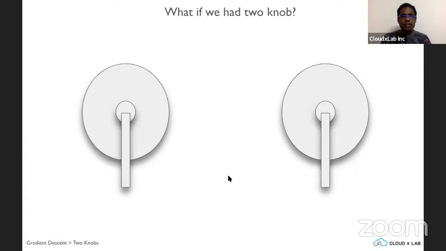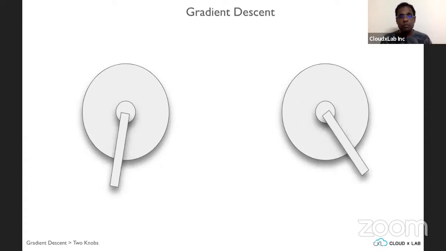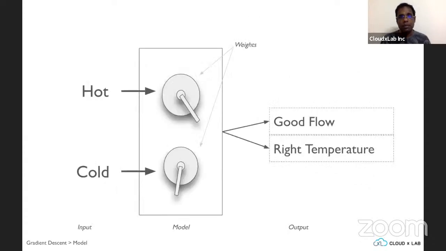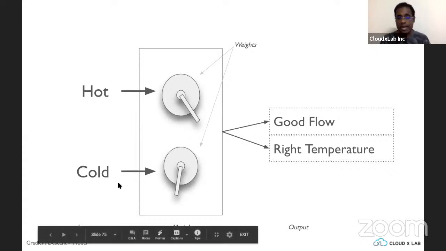So now let's give an example. Let's make it a little more complicated. So you've gone somewhere and now you have two of these taps. One for hot water and one for cold water. What would you do? Then you would basically be playing with two pipes, two taps. You would have two knobs to play with. One knob for setting a certain level of hot water, and a second knob for setting a level of cold water.